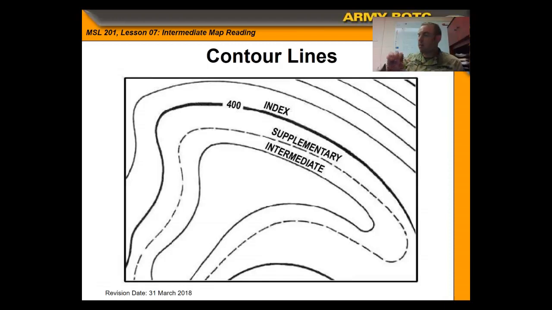Sometimes on the bottom of the map, it'll show you your interval for the normal lines, which is 10 meters on the Fort Knox map. And then below that it will say the supplementary contour interval is 5 meters. So again, it's just a very gradual change in elevation.